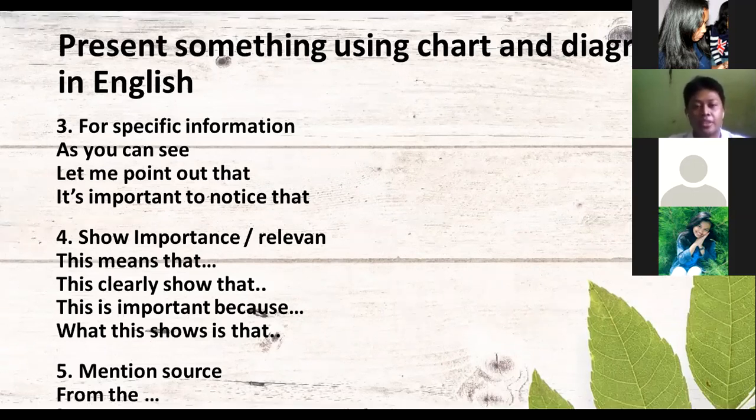I think you can use these phrases when you want to describe some important or relevant information in your diagrams or charts.